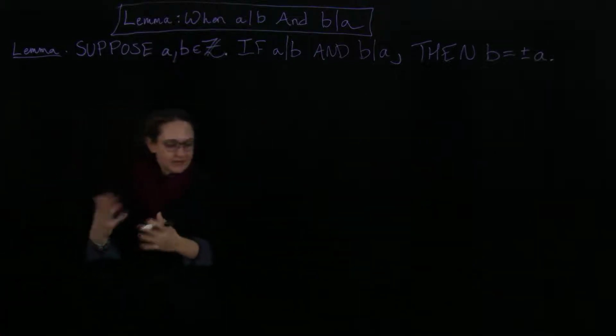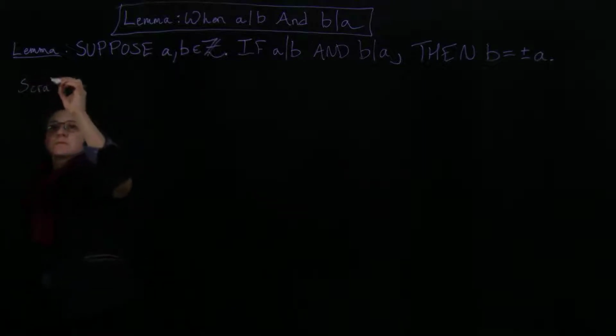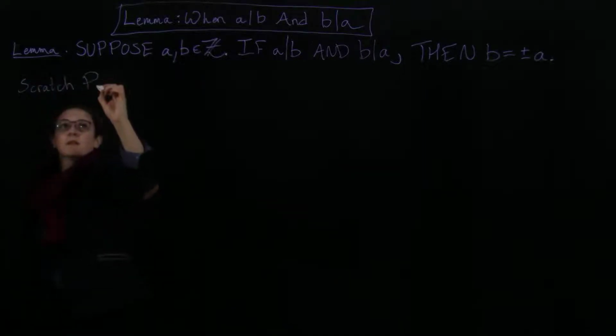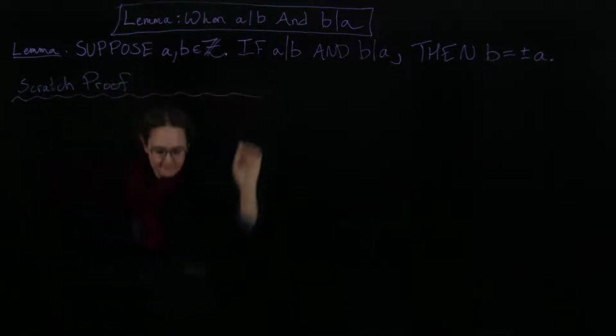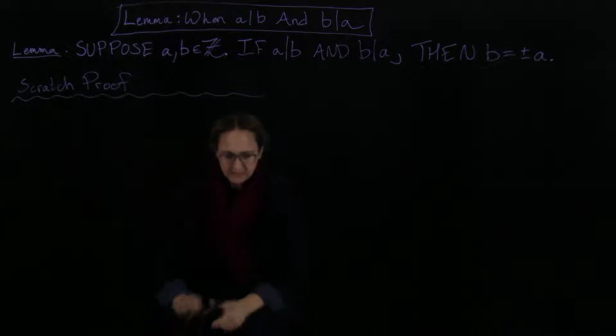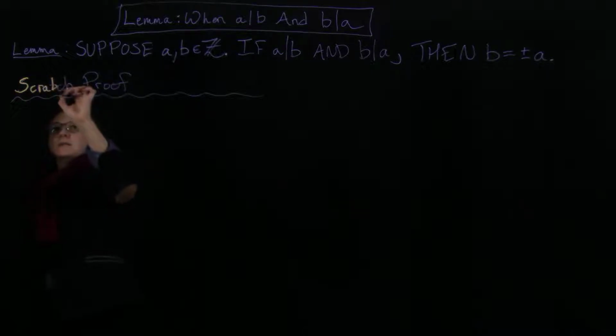So let's go through the scratch for the proof. Well, I guess I've been doing scratch in general in orange, so let's do that to be consistent with how I've been doing things.